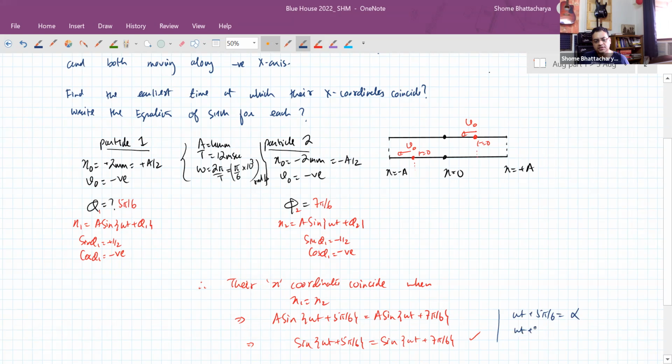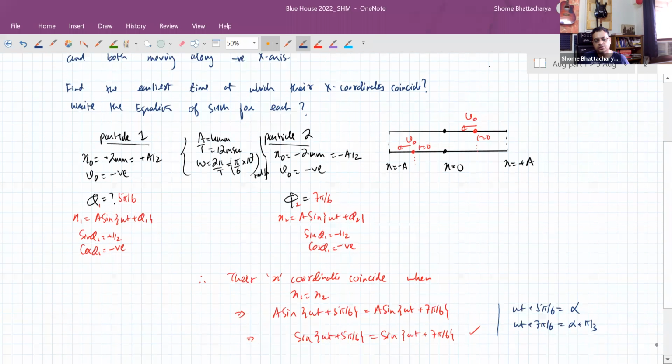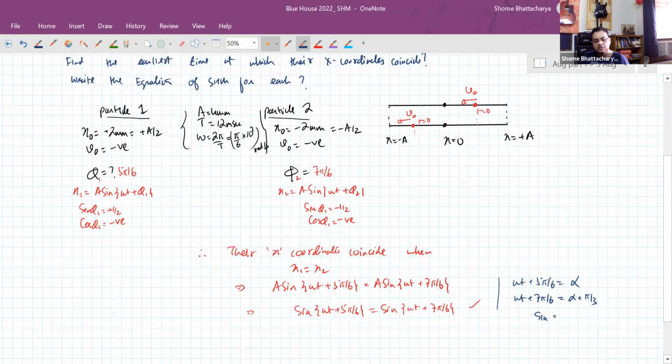So omega t plus 7 pi by 6 can be written as alpha plus pi by 3. So if you're solving something like this, that sine alpha is equal to sine of alpha plus pi by 3, that means alpha plus pi by 3 should be equal to, in general, (2n plus 1) pi minus alpha.